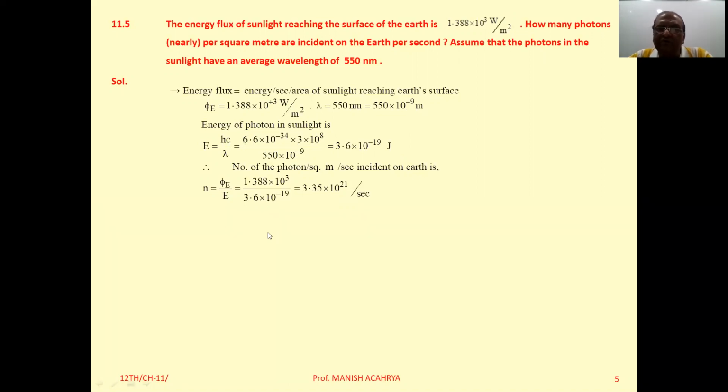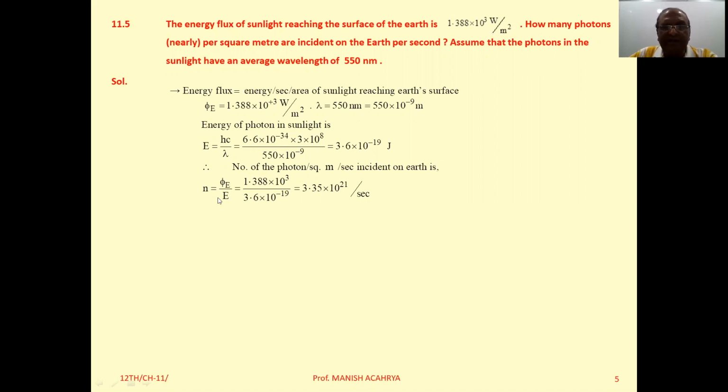So now the number of photons incident per square meter per second. The number of photons is power upon energy, and intensity is power upon area. So that is per unit area, and directly here the power per unit area, that is the intensity, is given to you.